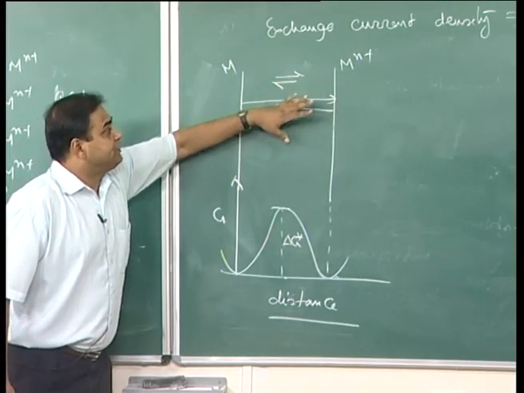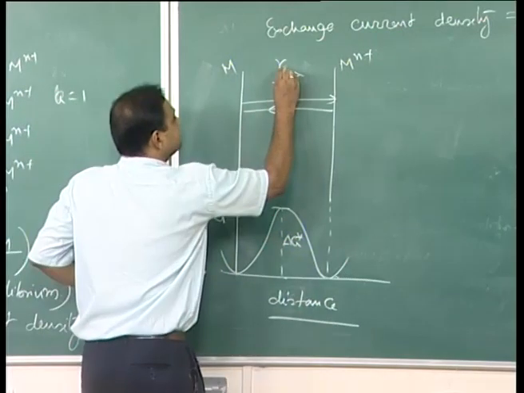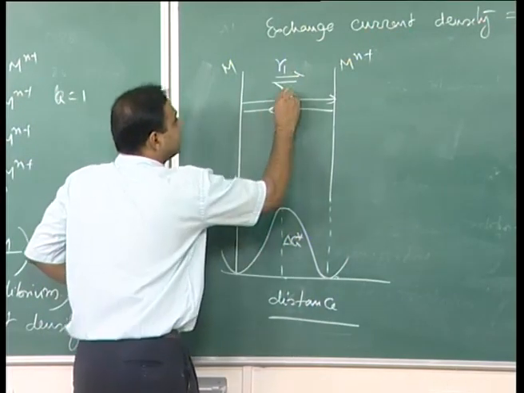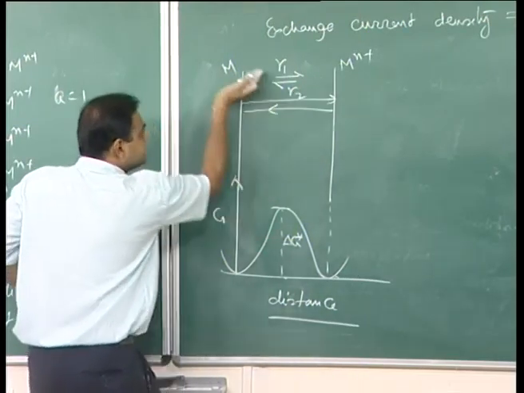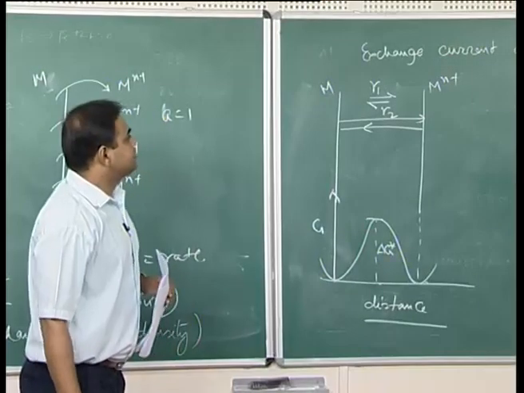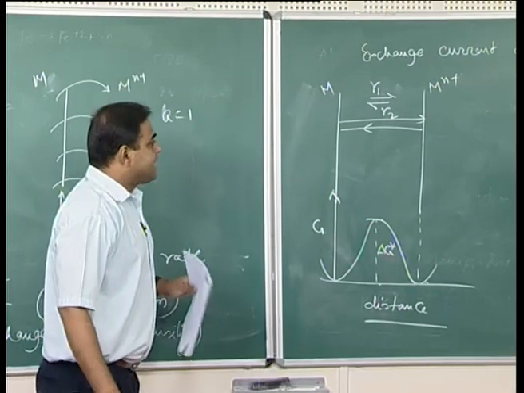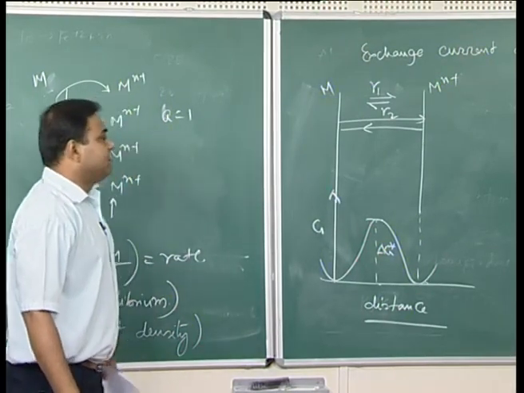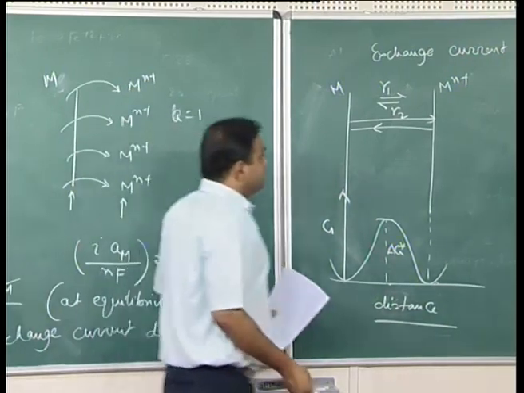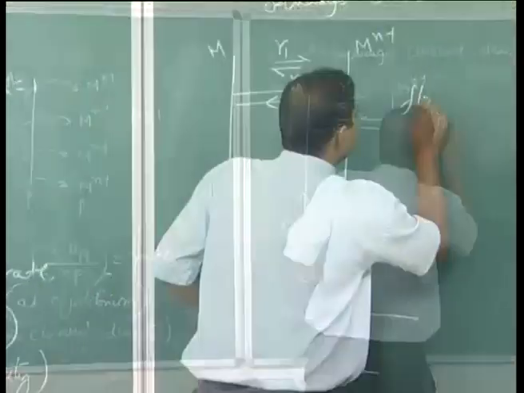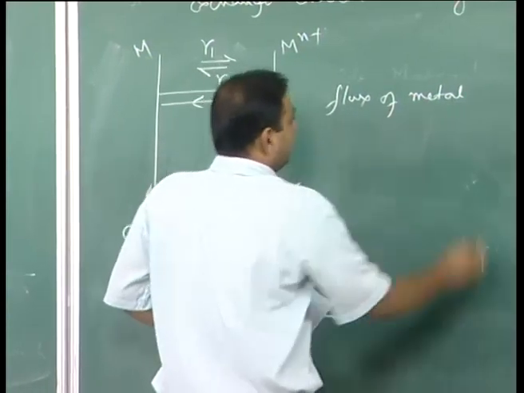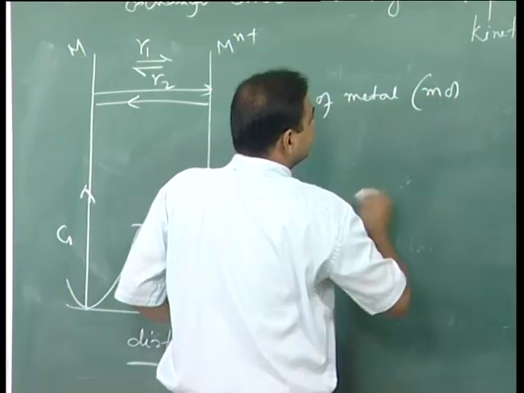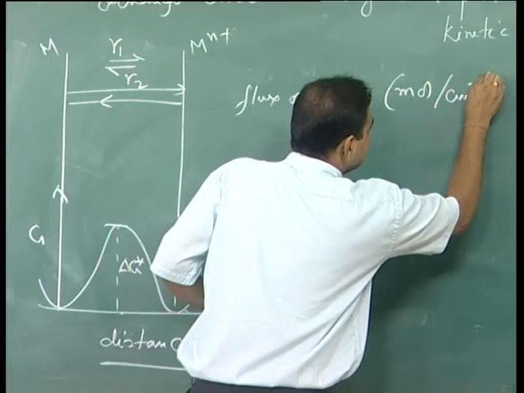So, let us say this is rate 1 and this is rate 2. The rate at which metal ion is forming and the rate at which metal ion is depositing on the metal surface are the same. That rate can be expressed in the form of flux, in moles per centimeter square per second.